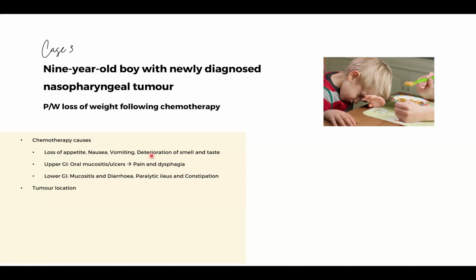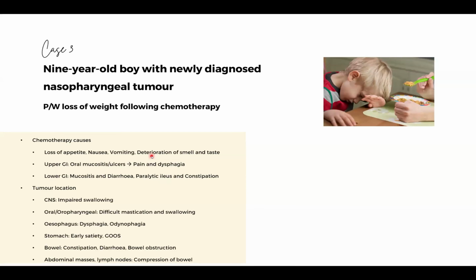On top of that, depending on the tumor location, mainly in solid tumors, if it is CNS, they have impaired swallowing. So we need to involve the SALT team, the swallowing and speech therapy team, to assess the patient's swallowing. If it is oral or oropharyngeal tumors, there is difficult mastication and swallowing. In this patient, the tumor was advancing distally to the oropharynx, so there was a problem.